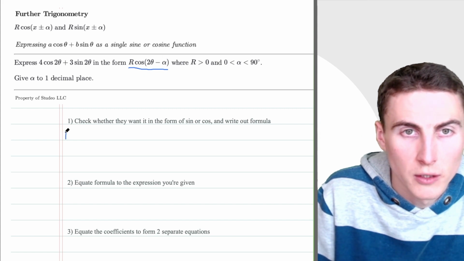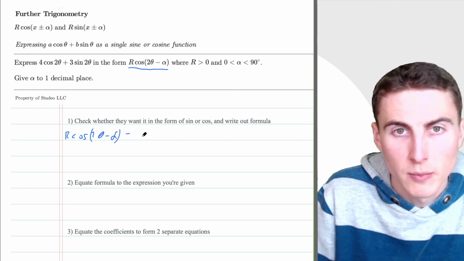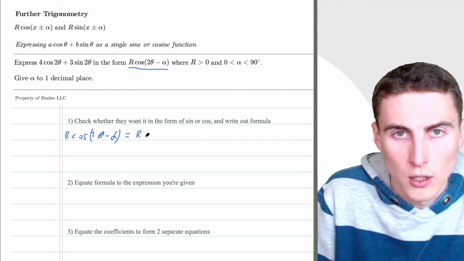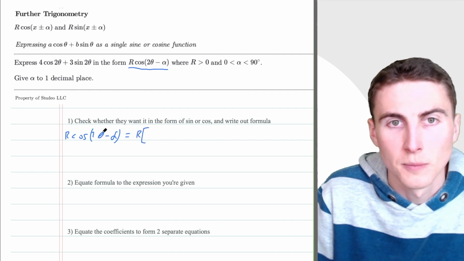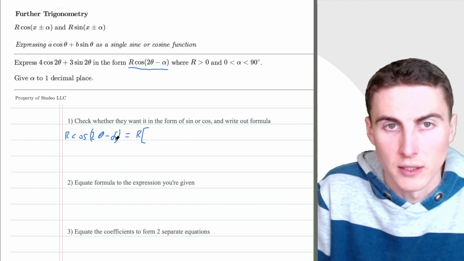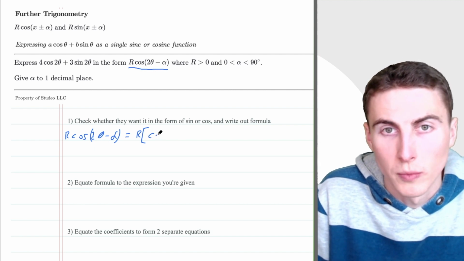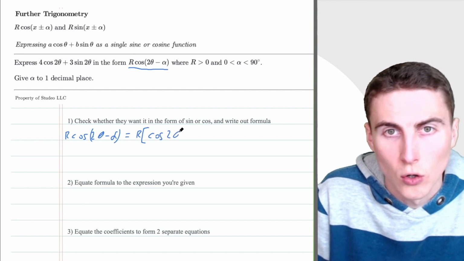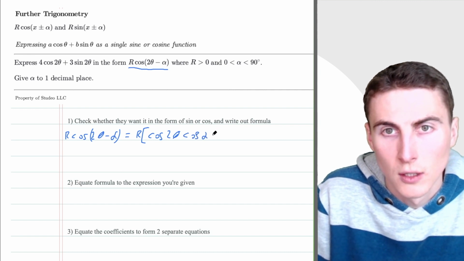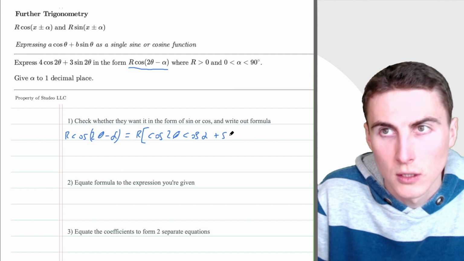So what I would do here is write that r cosine 2 theta minus alpha would be expanded to r, and we just keep the r on the outside of the brackets for now, and then we expand this using our formula, which would be cosine of 2 theta cosine alpha plus sine of 2 theta sine alpha.